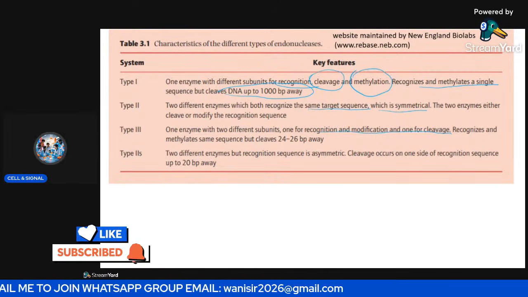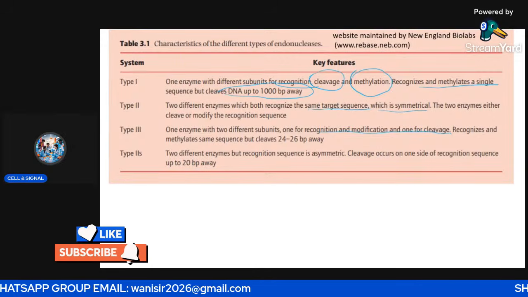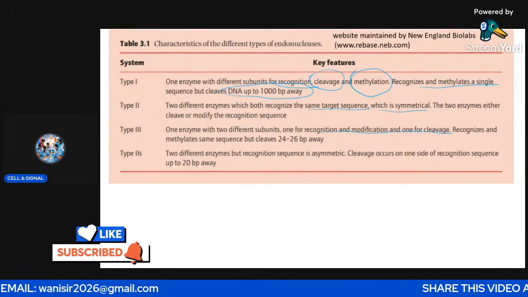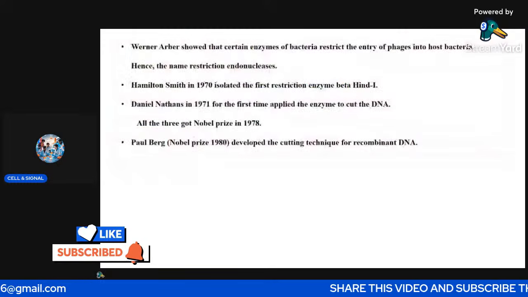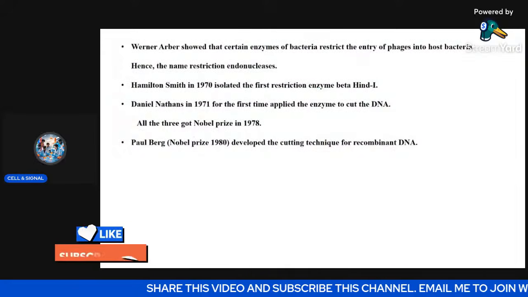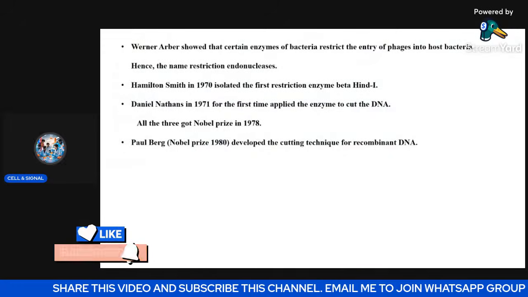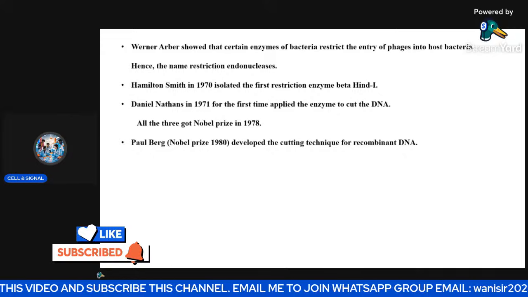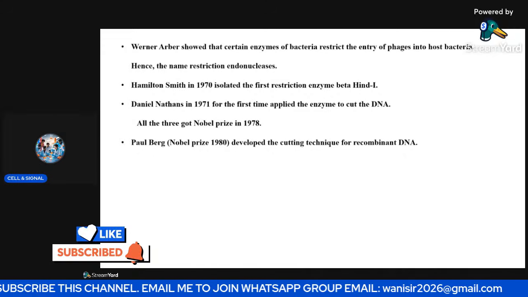So this is maintained by New England Biolabs, which tells about the types of restriction endonuclease. This is the historical background: Arber showed that certain enzymes of the bacteria restrict entry of the phage, hence they are called restriction endonuclease.